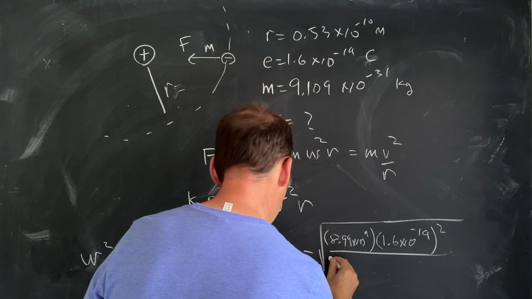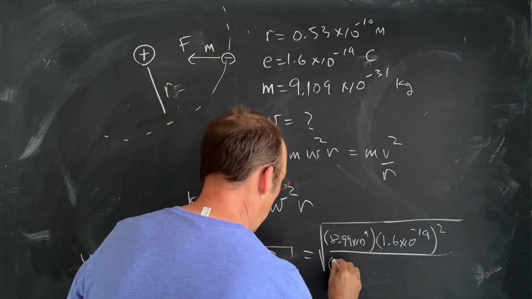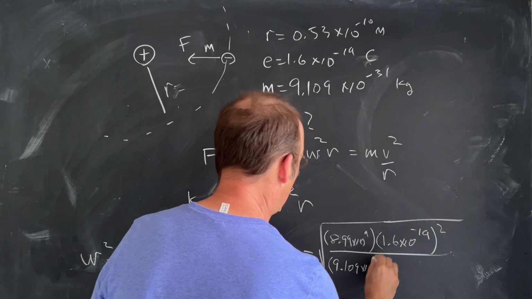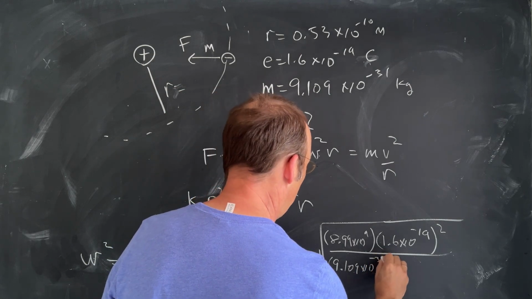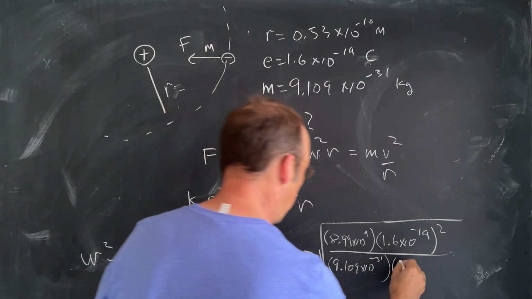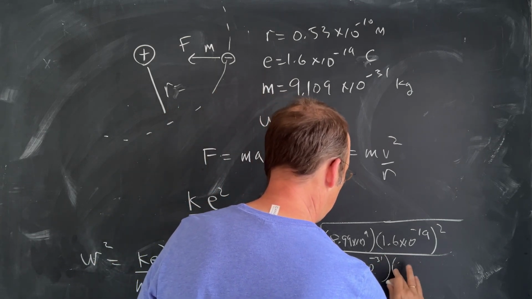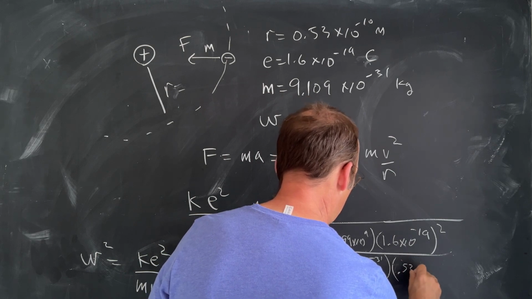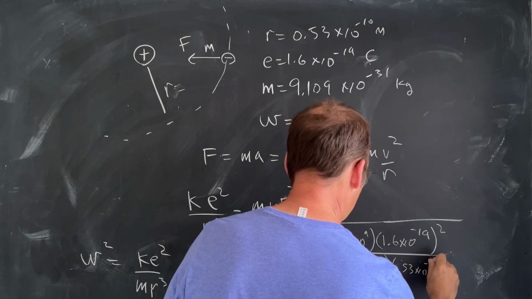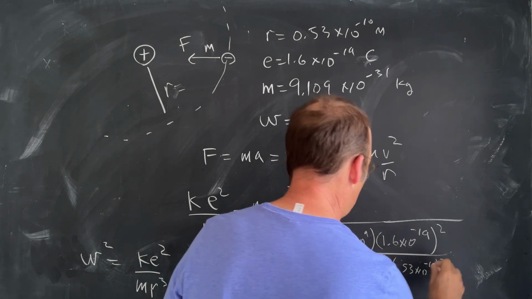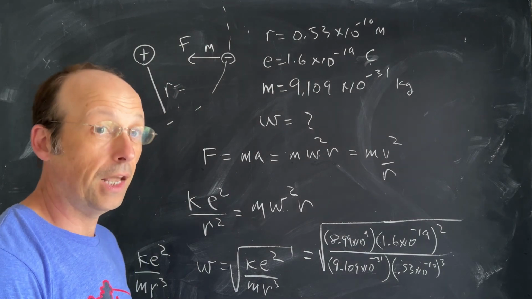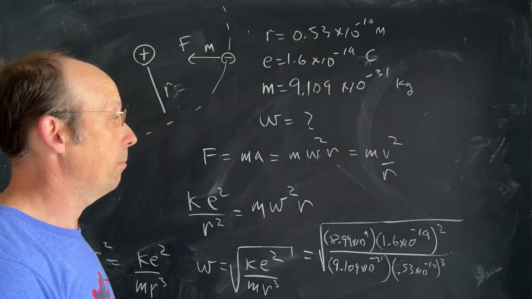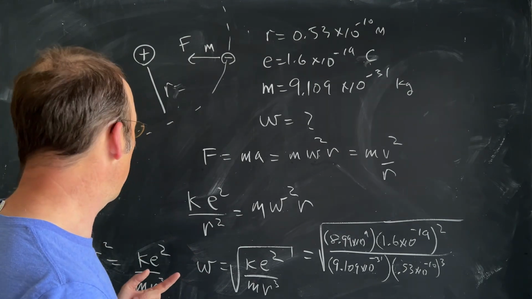And then I have the mass of the electron, 9.109 times 10 to the negative 31. And that's all times 0.53 times 10 to the negative 10th cubed. So if you do not do this correctly, you will not get the right answer, okay? But we can do it correctly.